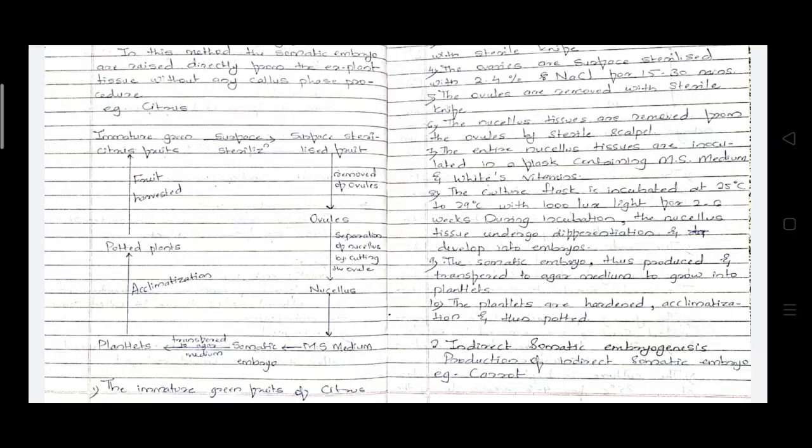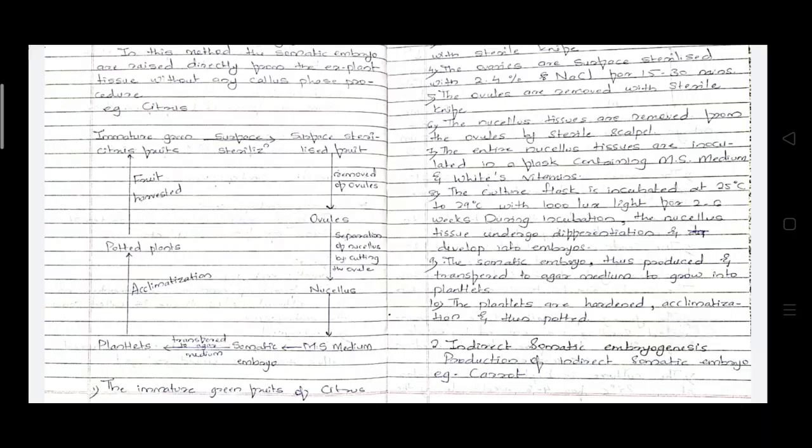The embryoid is again transferred onto MS medium, so the plantlets are formed, slowly acclimatized or hardened, and the whole plants are obtained, and on these plants fruits will develop.